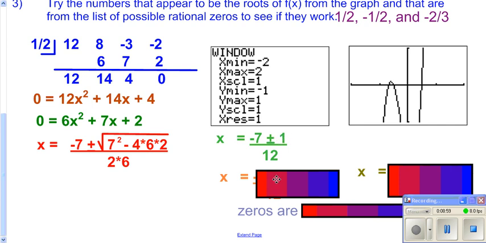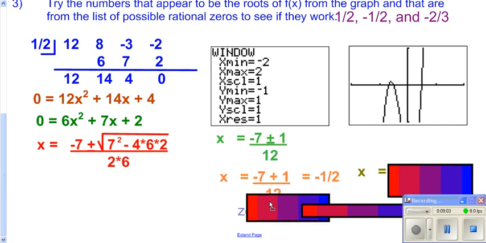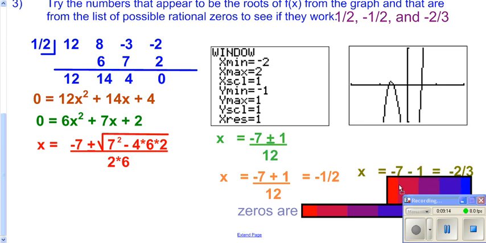We then can write it as two separate problems, -7 plus 1 over 12. So we get -1/2. And that was one that we suspected, but we actually had to show that it did work. And then we're going to go ahead and do -7 minus 1 over 12, and that gives us our -2/3, and that's the other one we suspected.